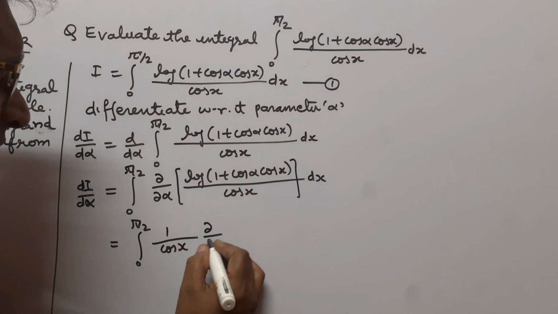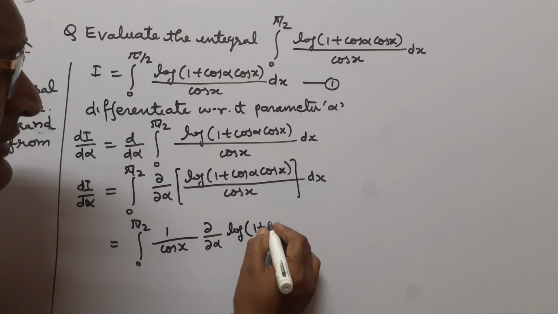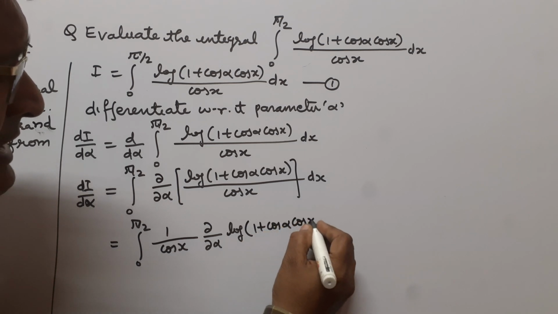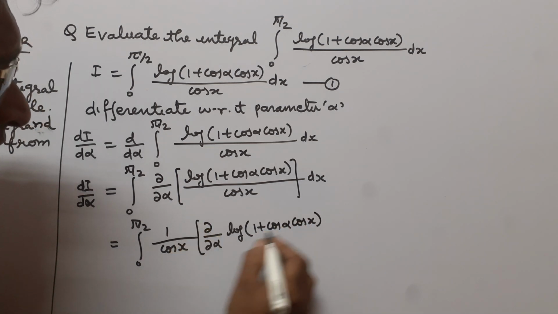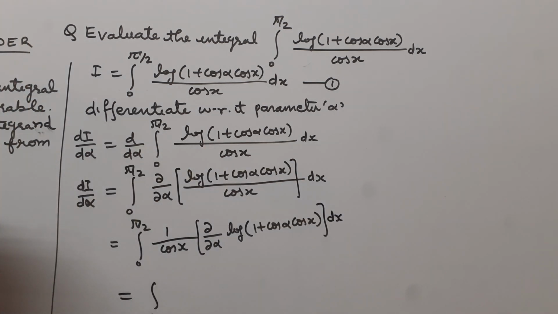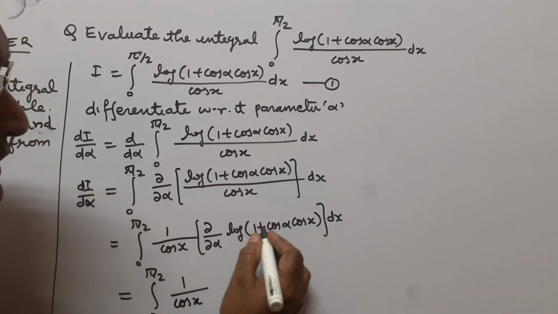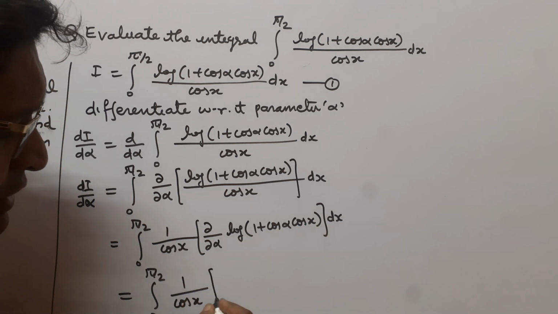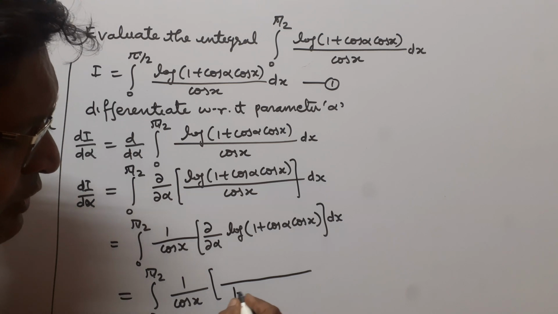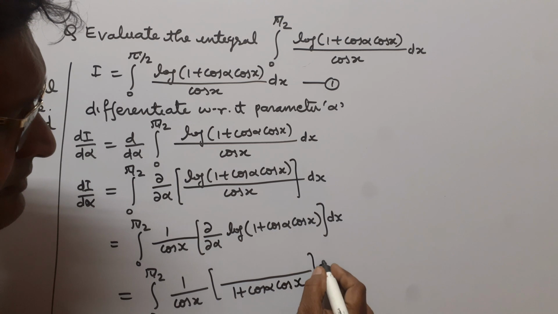Now we differentiate log of 1 plus cos alpha multiplied by cos x partially with respect to alpha. We know that the differentiation of log x with respect to x is 1 upon x. So the differentiation of log of 1 plus cos alpha multiplied by cos x is 1 upon 1 plus cos alpha multiplied by cos x.